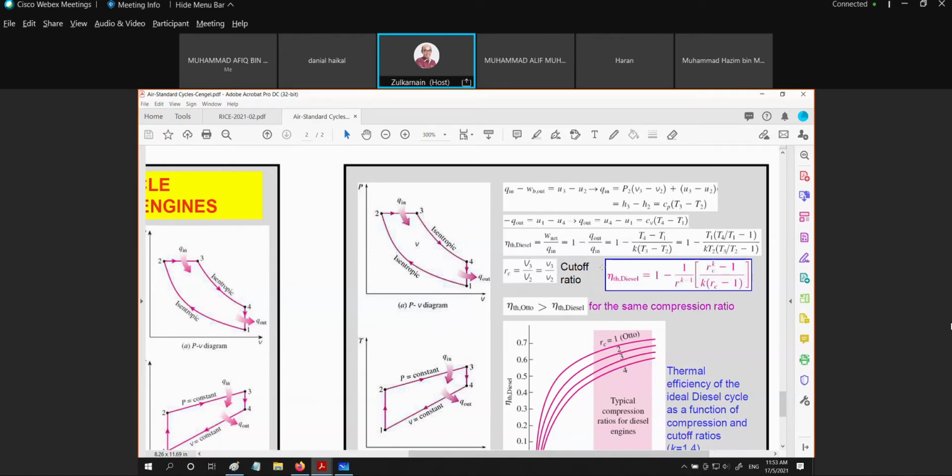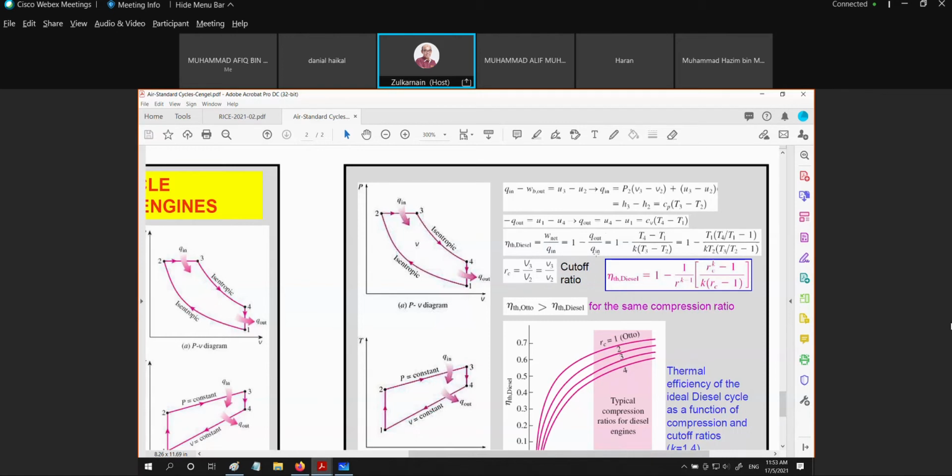By definition, we can write the thermal efficiency of the diesel air standard cycle, which is W net divided by Q in, and this is equal to 1 minus Q out over Q in.